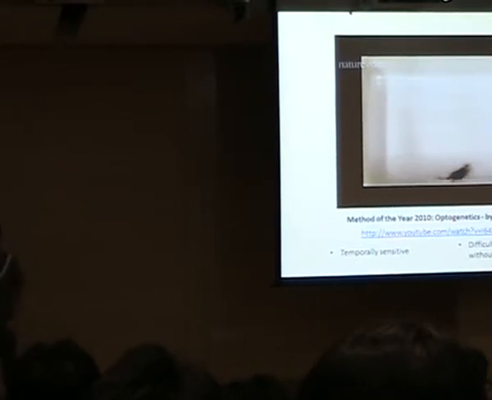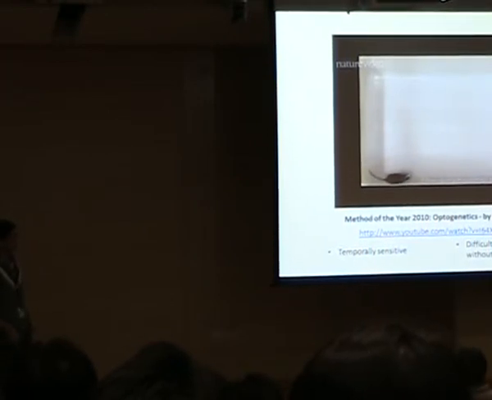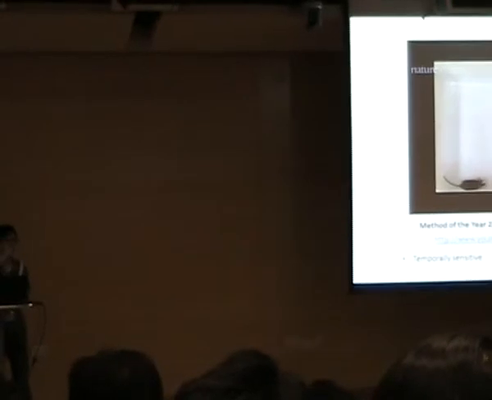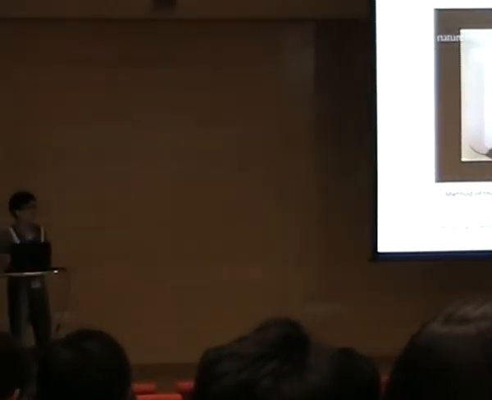So this technique, as you can see, is very time sensitive and very sensitive in the spatial dimension as well. But it can be a bit difficult to get light to certain areas. Basically, you have to thread a fiber optic through, and that can damage the areas which you do not intend to manipulate.